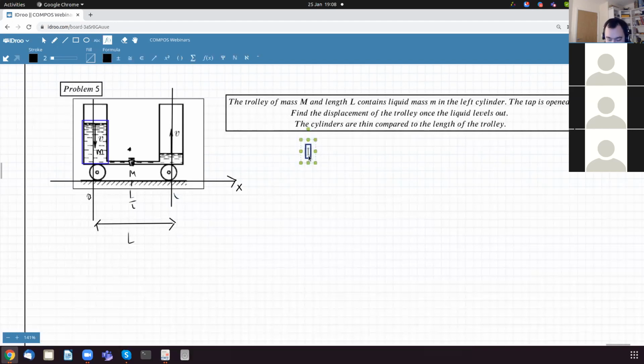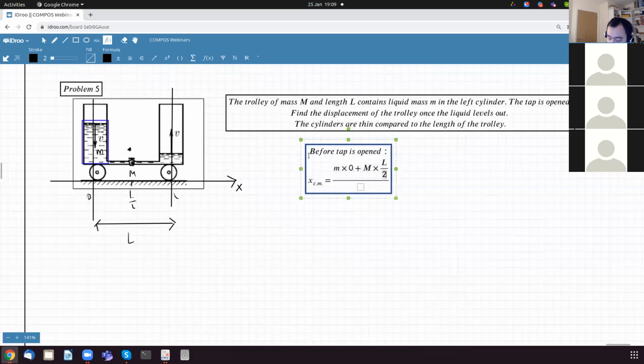So before the tap is opened, the position of the center of mass is the mass of the water times the position of the water, which is 0, plus the mass of the trolley times the position of the trolley, which is L over 2, divided by the total mass of the system, which is M plus m.